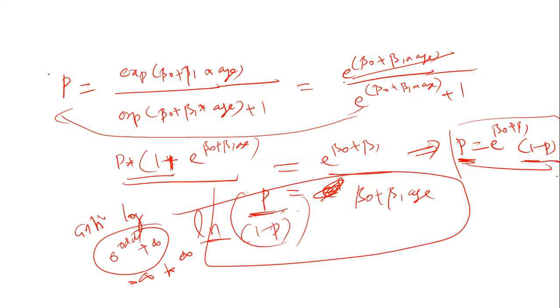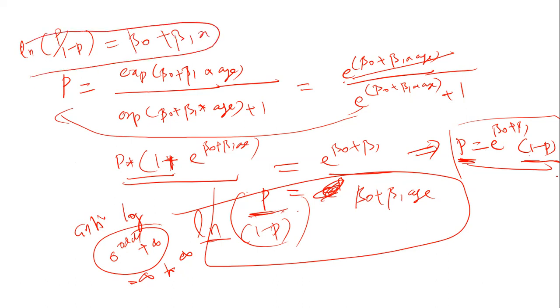I told you in the very first session of logistic regression that the equation for logistic regression is the natural log of p over 1 minus p is equal to beta. How did we get this one? Can you derive this equation? In that case, you need to tell them there are scenarios where the p values we might tend to get are less than 0, and p values we might tend to get are more than 1.